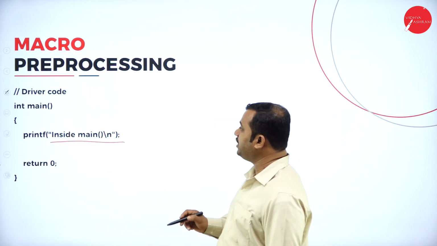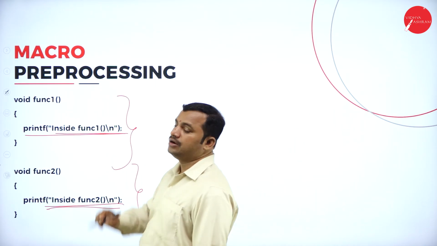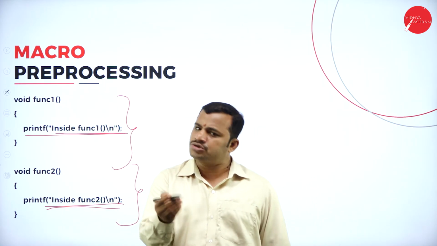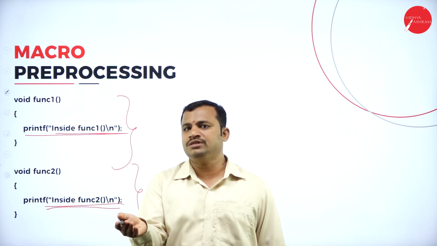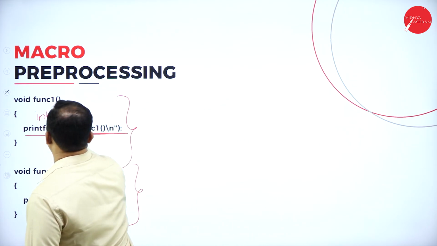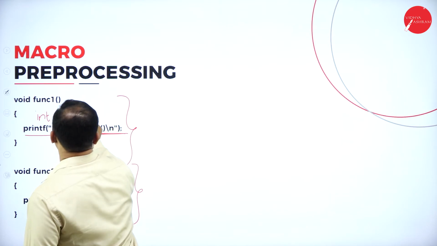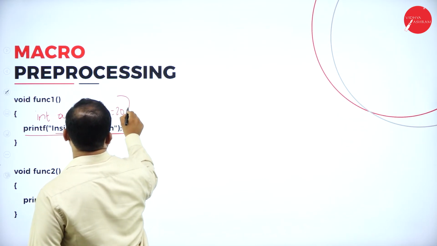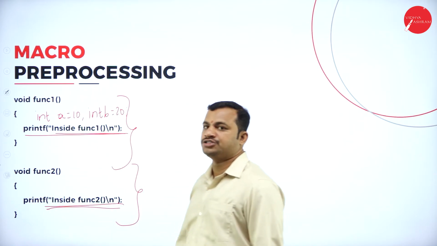Then what is to be defined inside this function 1? Within this, if you want to initialize any of the variables, you can do so using the initialization, that is int a is equal to 10, int b is equal to 20. You can do all these things within function 1.